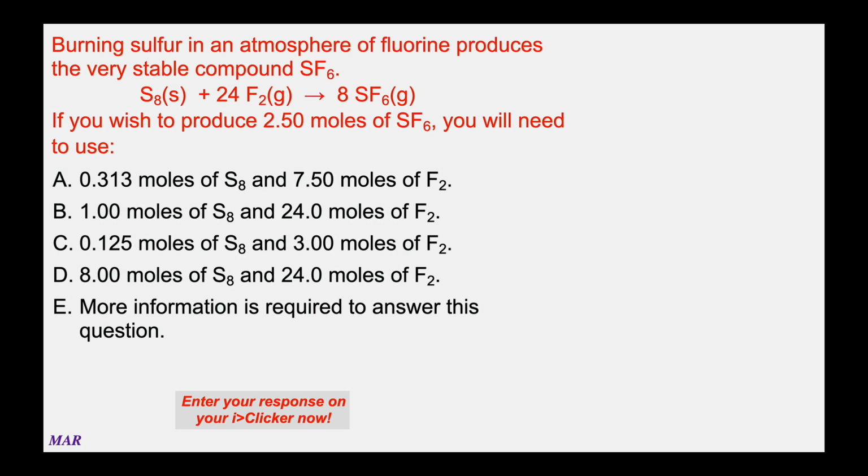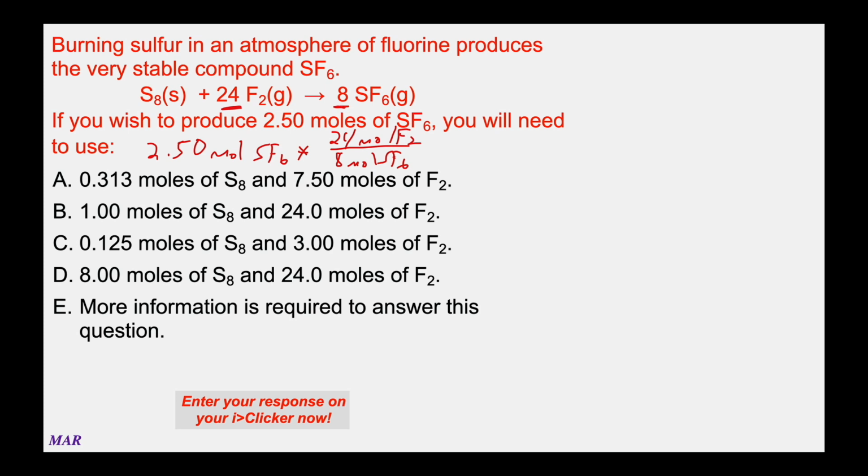So let me show you how to do this. You would start with the given amount, the product that you want, 2.50 moles SF6. And if you wanted to do fluorine, you would use 8 moles SF6 for every 24 moles of F2. And again, these aren't magical numbers I'm using.